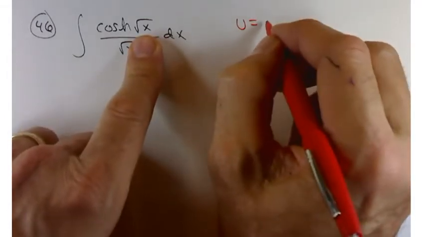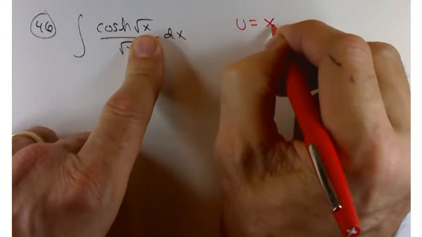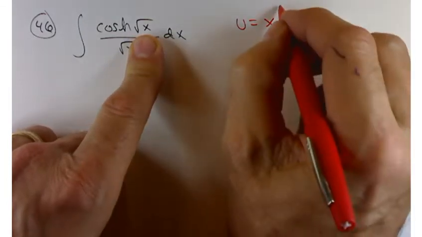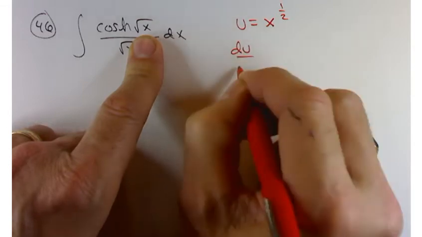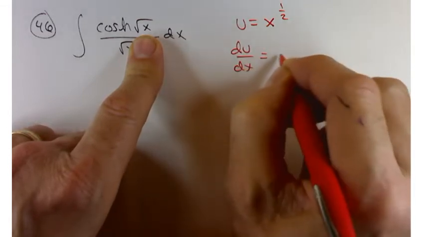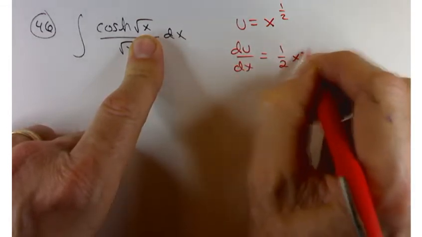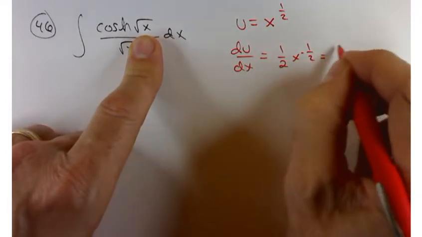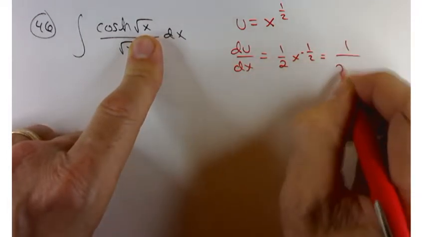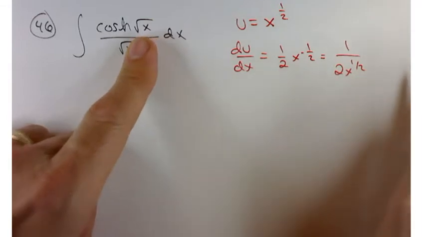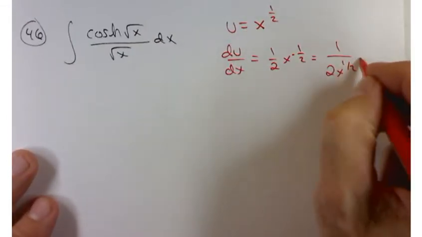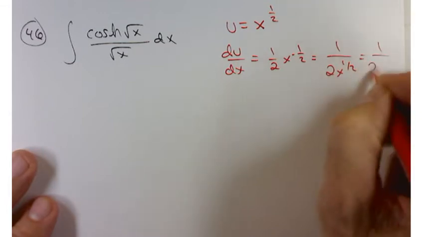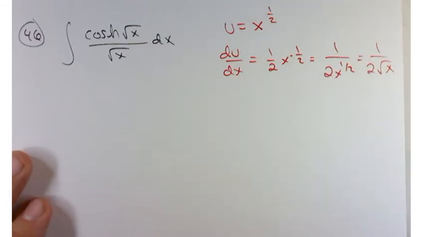If I was to write the square root of x with exponents, it'd be x to what power? 1/2. So du by dx would be 1/2 x to the negative 1/2, or better yet, 1 over 2x to the 1/2. And x to the 1/2 can be rewritten as 1 over 2 square roots of x.